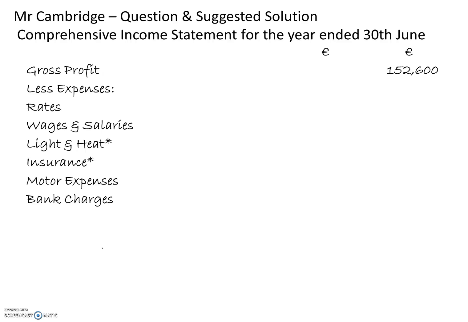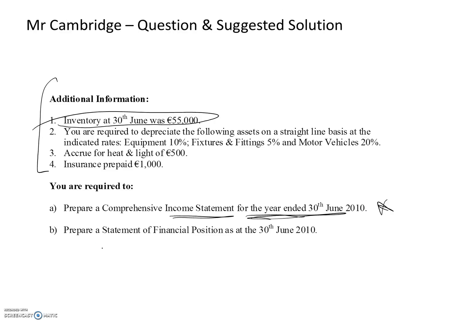Now they are the expenses from the trial balance, but if we go back and look at the additional information, we see we have to put in the depreciation as well. We have depreciation on the equipment, fixtures and fittings, and the motor vehicles. It says the depreciation is on a straight line basis at the indicated rates. On the equipment it's 10% on the original cost. On the fixtures and fittings it's 5% on the original cost.